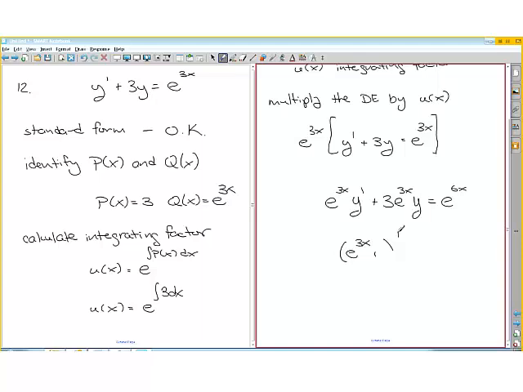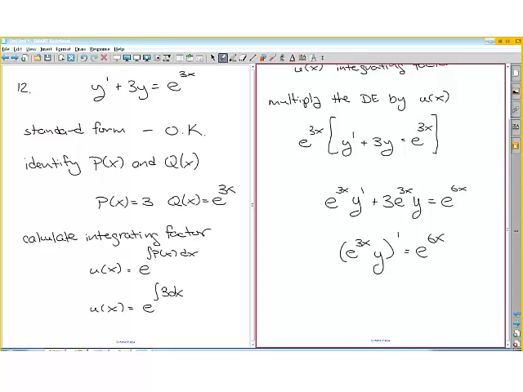And what that means is if we take the derivative of this product, we take the first term times the derivative of the second, plus the derivative of the first term, which, the derivative of e to the 3x is 3e to the 3x, so that's that part times the second. So this is a product, this is the result.